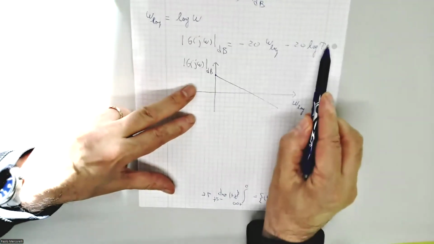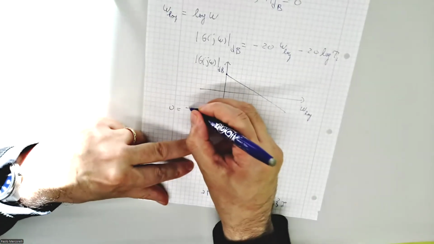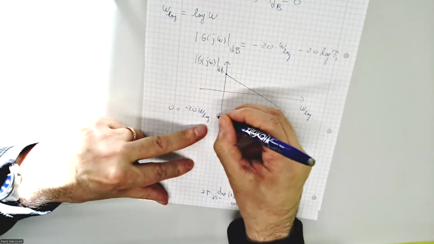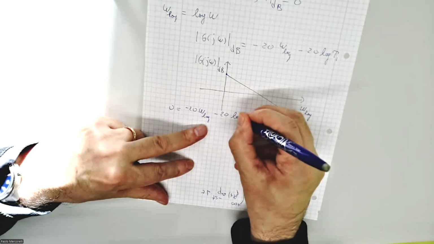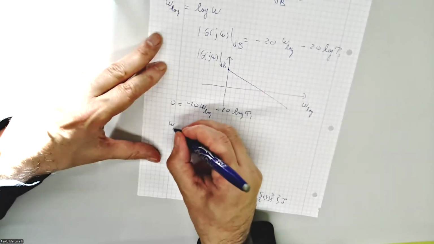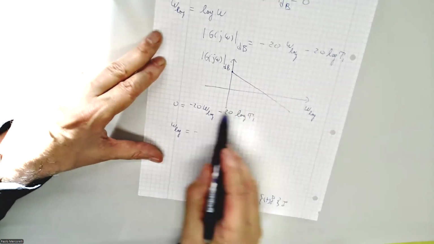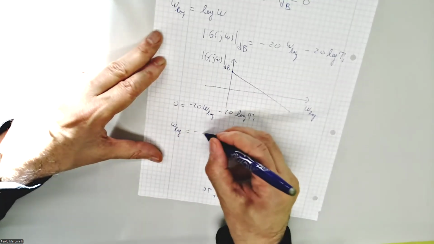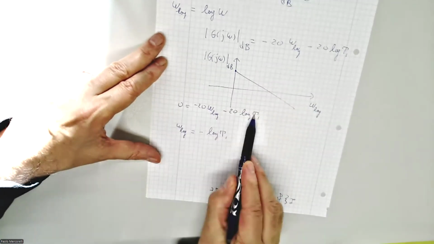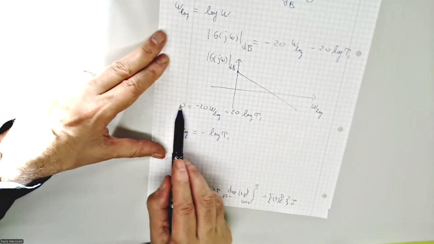When this is 0, we have omega log equal minus, from here, log of T1, right? I am calculating when omega, when we have 0, no?